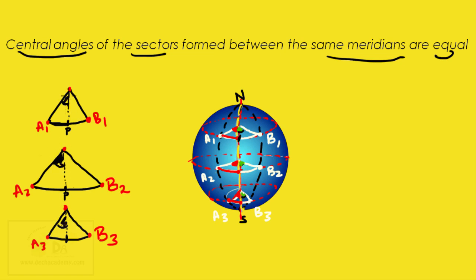Because this angle I just shaded represents the longitude of point A1. This angle represents the longitude of point A2, because it is the angle formed when one moves from the prime meridian along this arc on the same plane to the point A2. And since these points lie on a line of constant longitude, on the same meridian, these angles must be the same because these angles represent the longitudes.